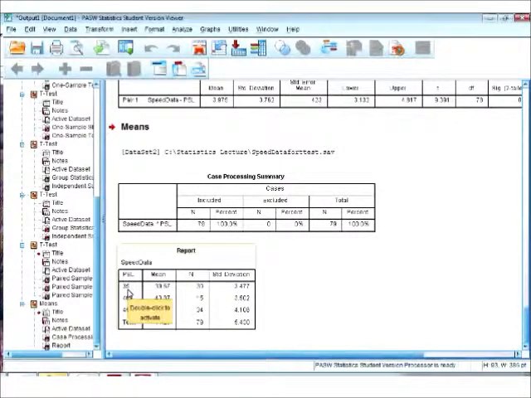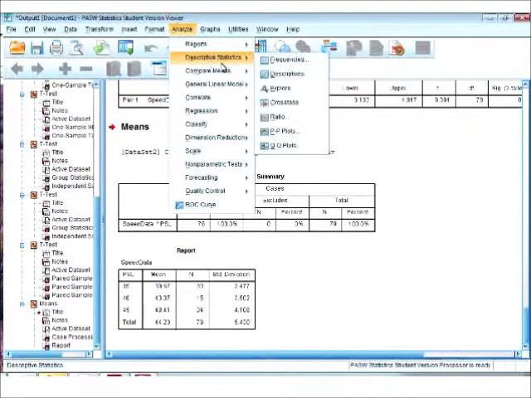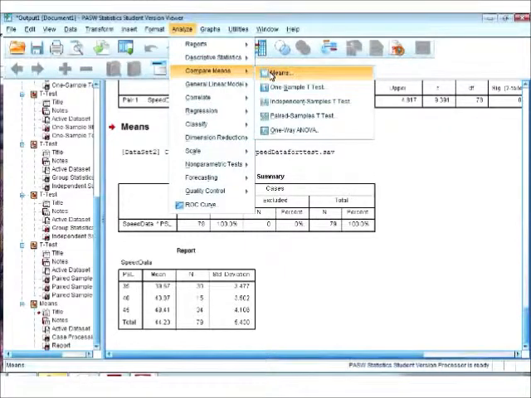So within this group of 35 miles per hour, our mean speed is 39. Within this group, the mean speed is this. Within this group is this. It's just comparing the means, showing the sample size and the standard deviation. So we can compare the means and see how much different they are.